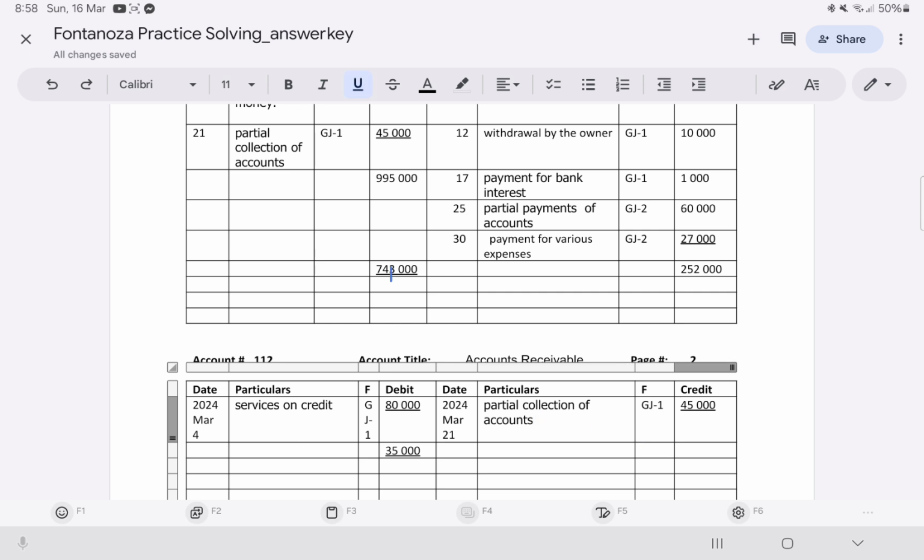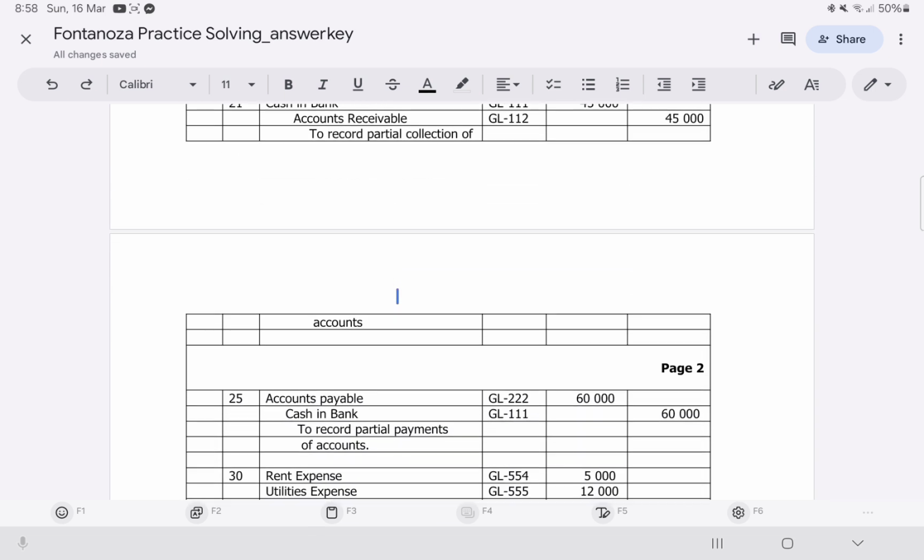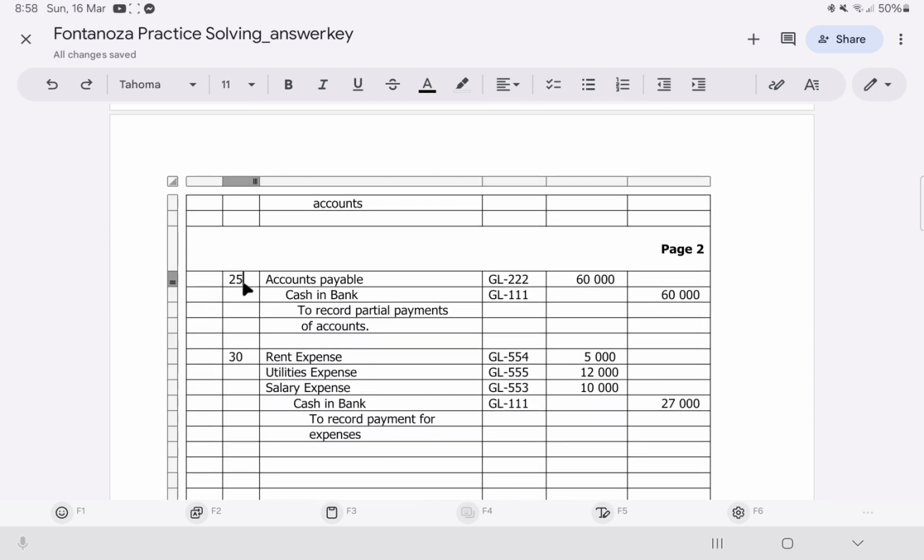Okay, so next transaction, on March 25, debit accounts payable 60,000 and credit cash in bank 60,000, to record partial payments of accounts. So this belongs to page 2 already.